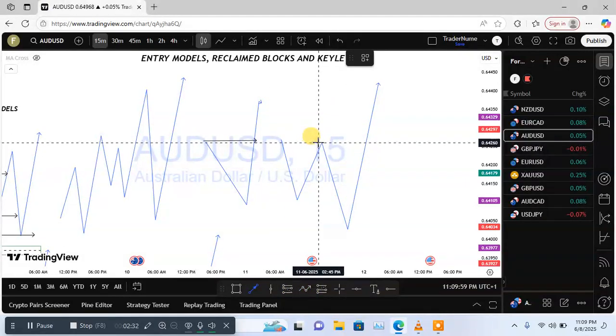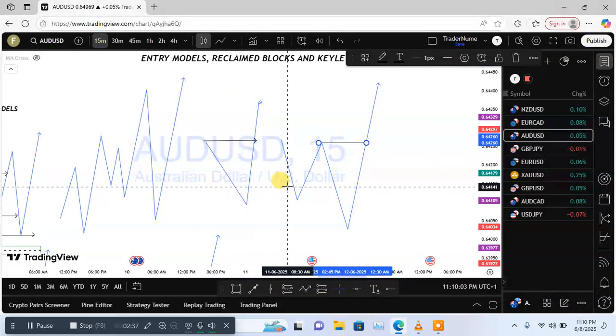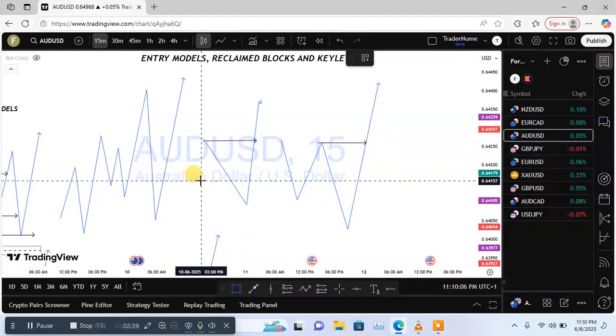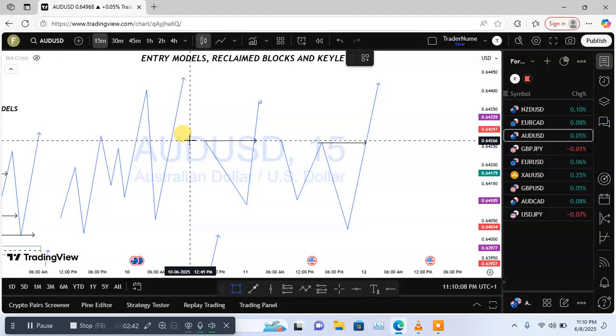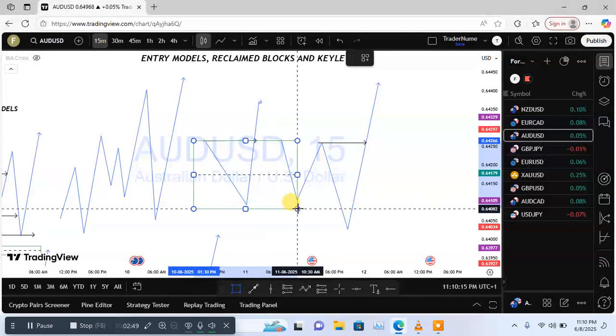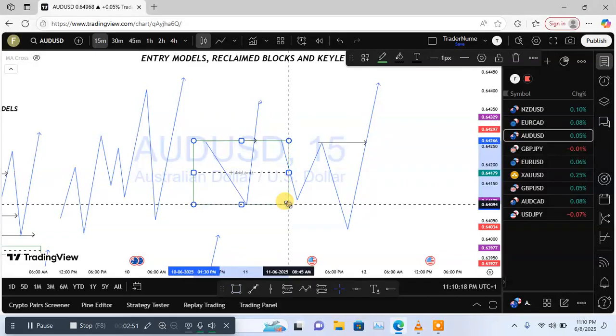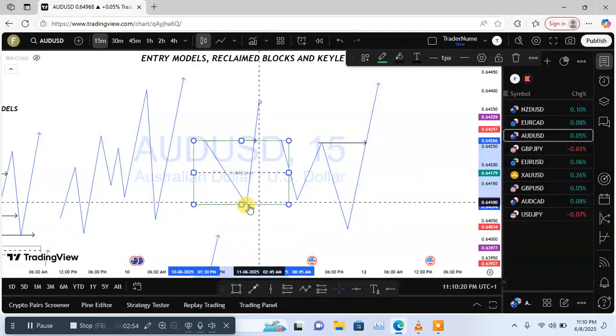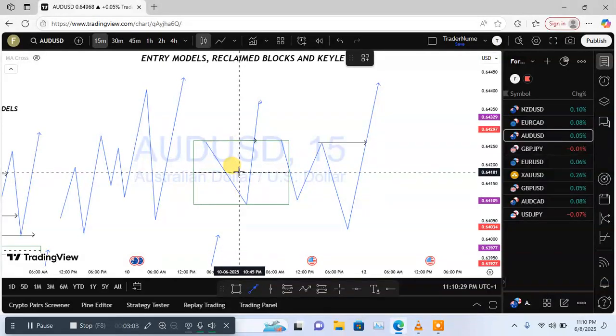So if this happens on your 2 hours, or even on your 4 hours, you get a break of structure. How should you pick your discount zone? You know what I told you. From this level here, where price broke the 4 hour structure, you get your midpoint between that zone and the zone where you broke it, and that midpoint becomes your discount zone, so you just mark it out.